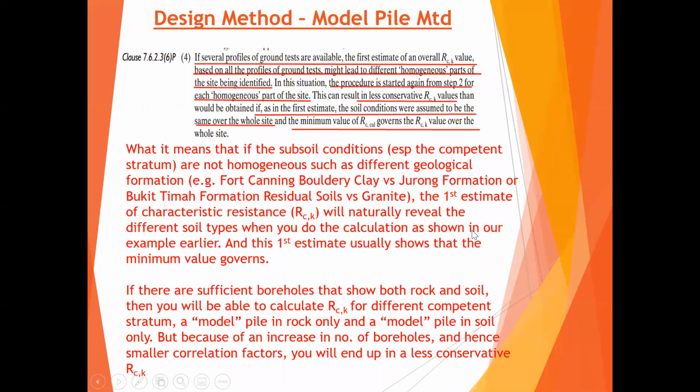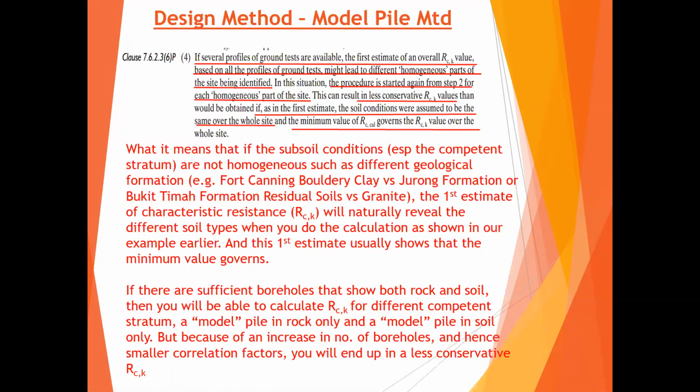Now, take a look at this clause. When you first read it, maybe I also feel it is quite confusing. If I read it out for you: if several profiles of the ground tests are available, meaning you have several boreholes, the first estimate of an overall characteristic value based on all the profiles of the ground test might lead to different homogeneous parts of the site being identified.